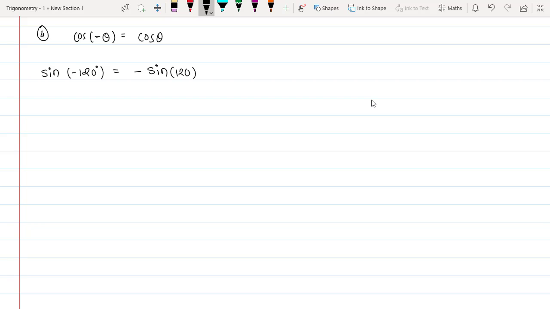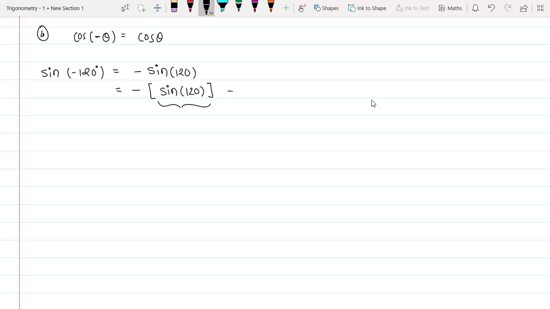Yes or no? Okay, now see here, if I neglect this minus sign, your angle becomes positive. Now can you solve for sine of 120, which is a positive angle?